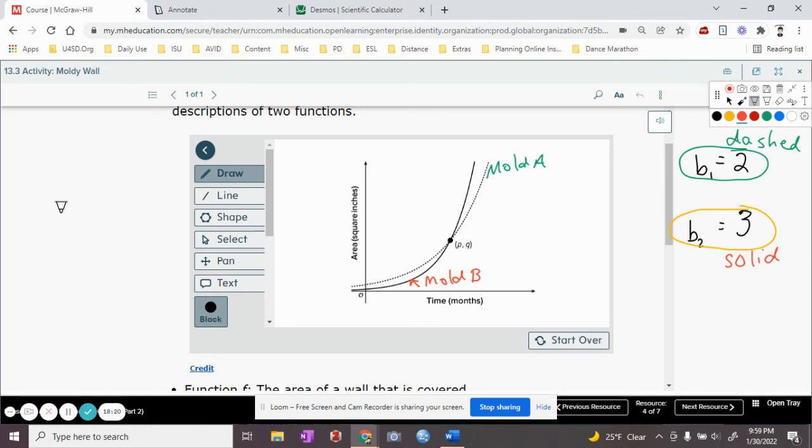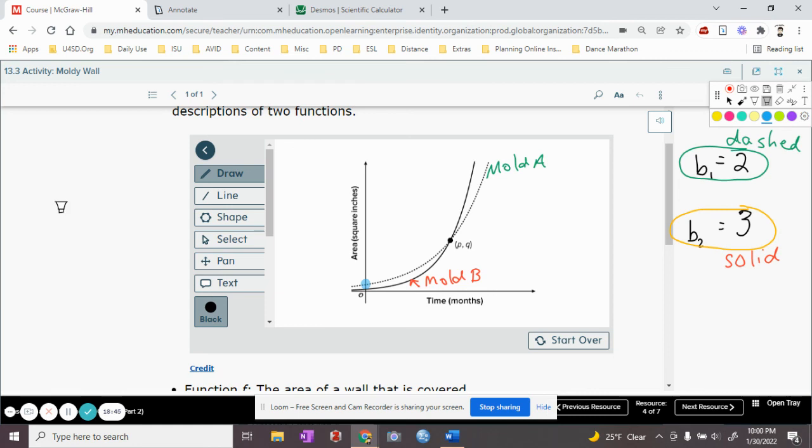Which mold has more present at the beginning? So that means we're going to compare the Y values. So which one starts with more? And that's the one higher on the graph. So mold A starts with more. Okay. Which one is growing faster?